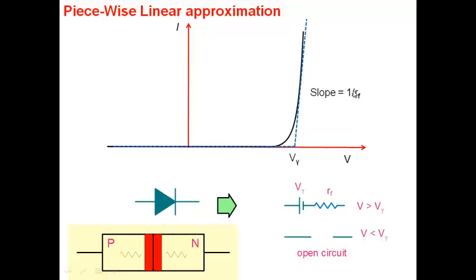These are not the resistances of the N region and P region. All that we are saying is it's an exponential characteristic which we are approximating by a line with a certain slope. That's all. It's not referring to the resistance of the N region or the resistance of the P region.